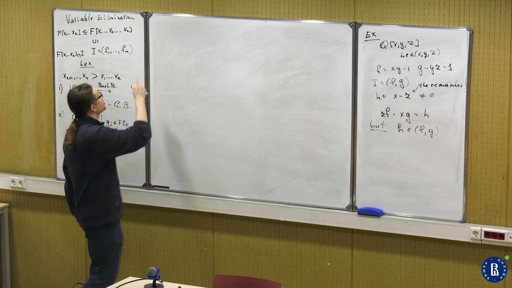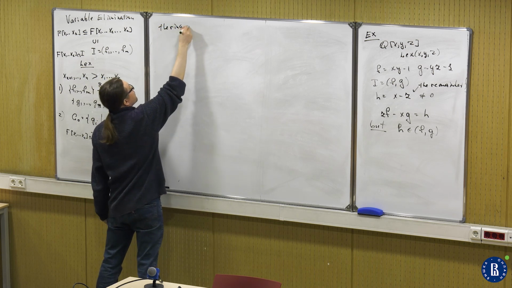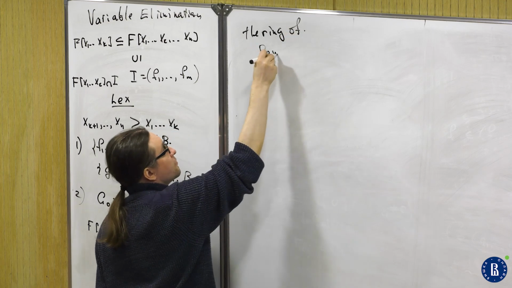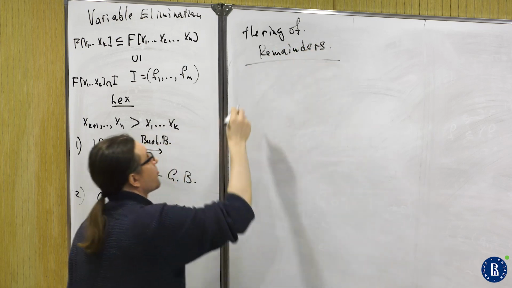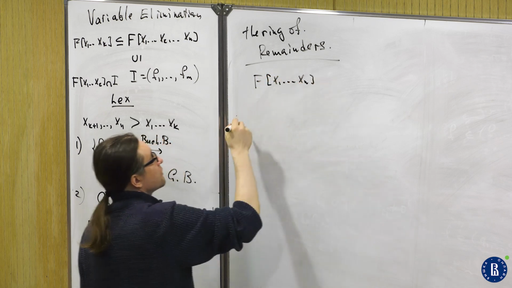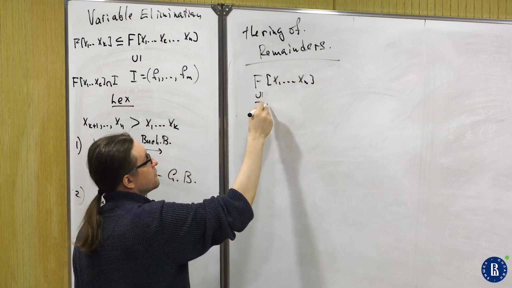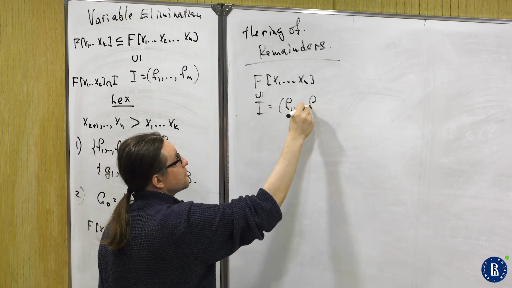Well, the answer is yes. So the ring of remainders. Now, suppose we have this polynomial ring, and we have an ideal here, which is generated by a set F1, ..., Fn.